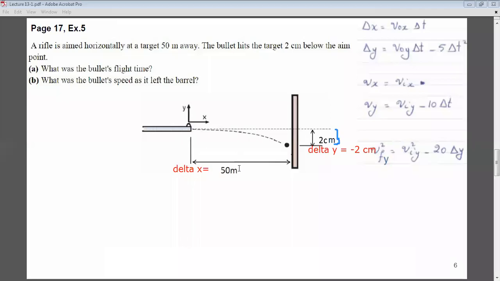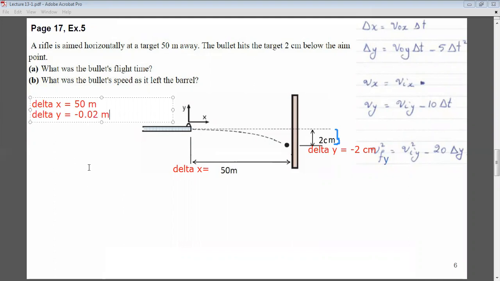So here, in order to solve it, I have 2 pieces of information only. What are the 2 pieces of information I have? I have that delta x equal 50 meters, and I have delta y equal minus 2 centimeters, which is 0.02 meters.